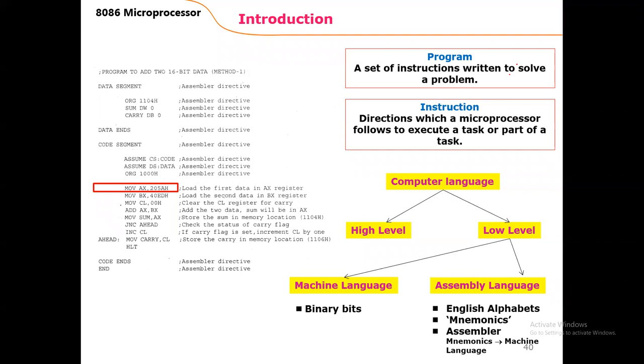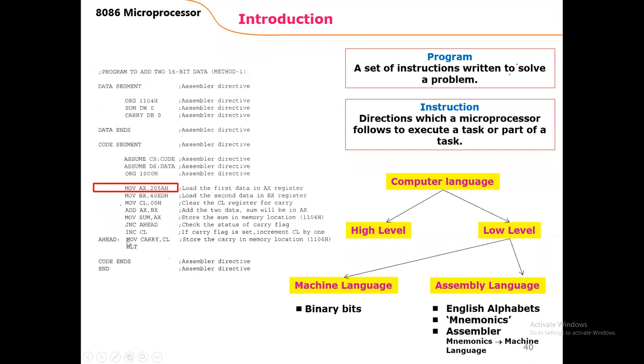The assembler converts mnemonics to machine language. Mnemonics means short forms of English words: move, add, jump, increment, addition, subtraction.